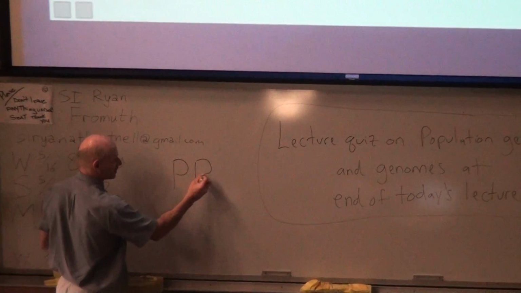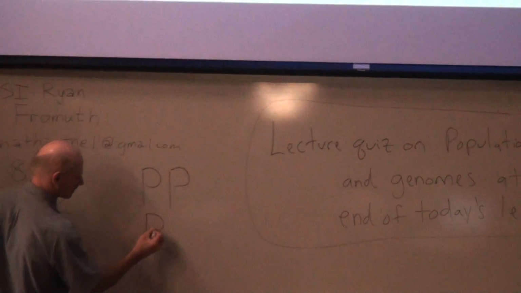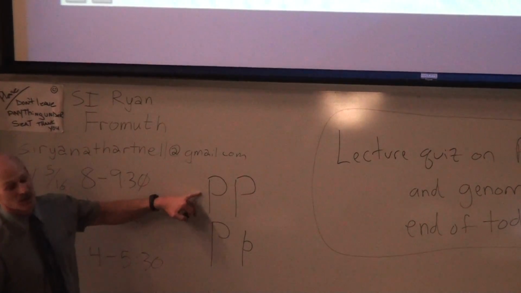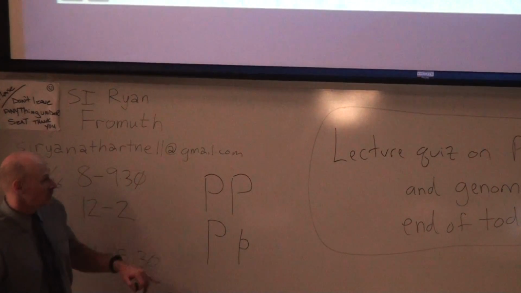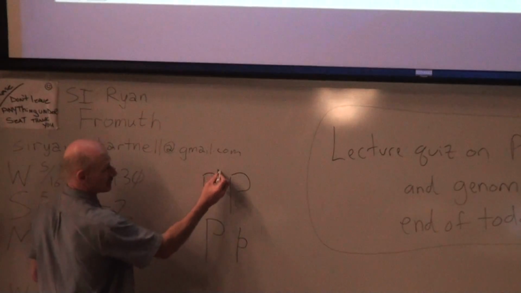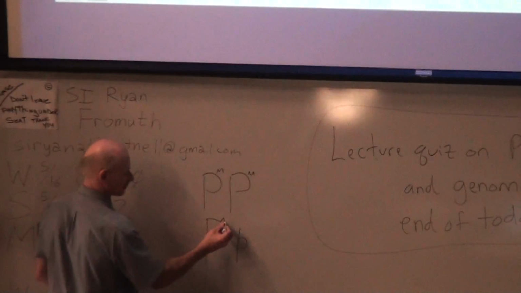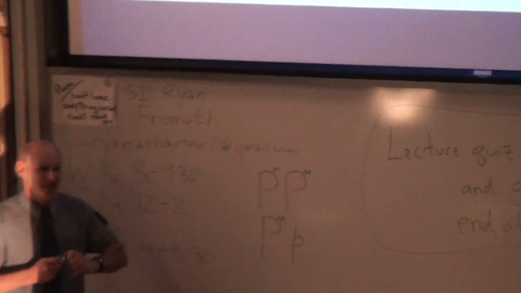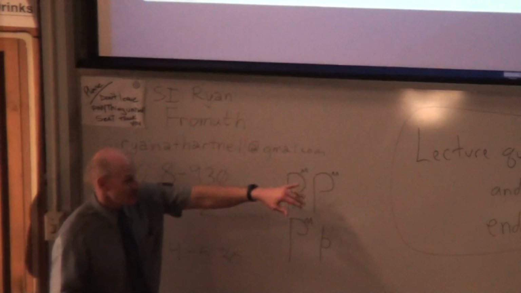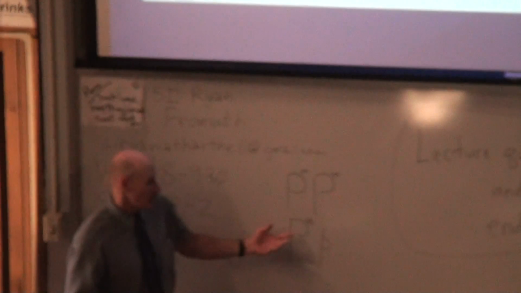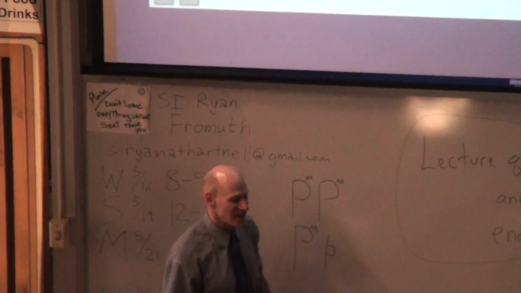If this is a capital P, you would expect both of these to be purple plants, remember, because they have the dominant allele. But what this field of epigenetics is saying is that if these dominant alleles become methylated, they're no longer going to be expressed very well, so they start acting like recessive alleles. They start acting like little p's. And so you can't use standard Mendelian genetics, because you would think this would be purple and this would be purple, but they wouldn't be, because the DNA has been modified.